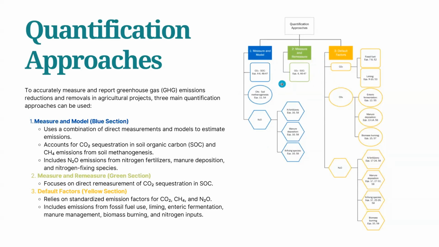So in this policy, we have gone ahead and included every single one of these quantification approaches and their equations. But depending on what the user selects as to what they're including and not including in their project activities, we can also determine which approach we need them to provide data for.